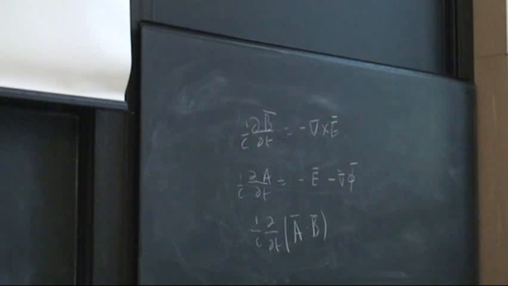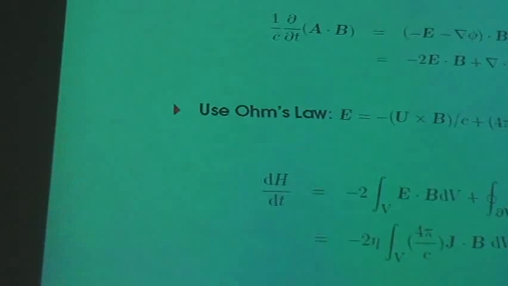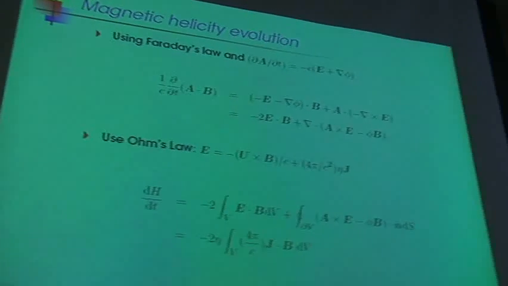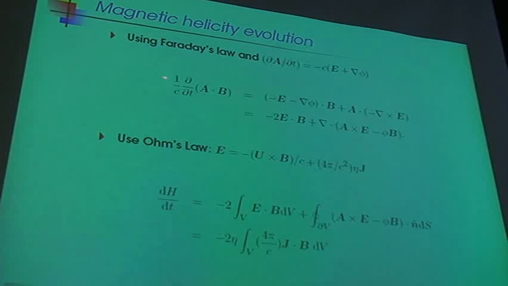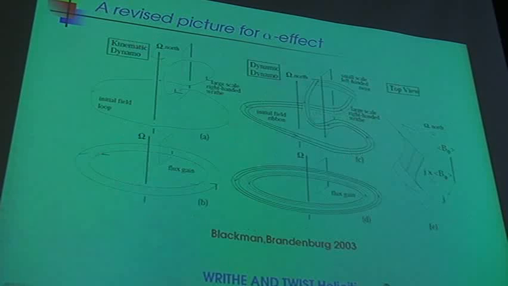Using these two equations, you can go through exactly the same algebra, except that you imagine everywhere there is a bar, which denotes the mean field. So you will go through exactly the same algebra, and suppose you are in a system where the fields are closed and you can forget about these divergences, and soon I will come back to having those divergences. Then the corresponding evolution equation for the mean field helicity is exactly what I have shown here.